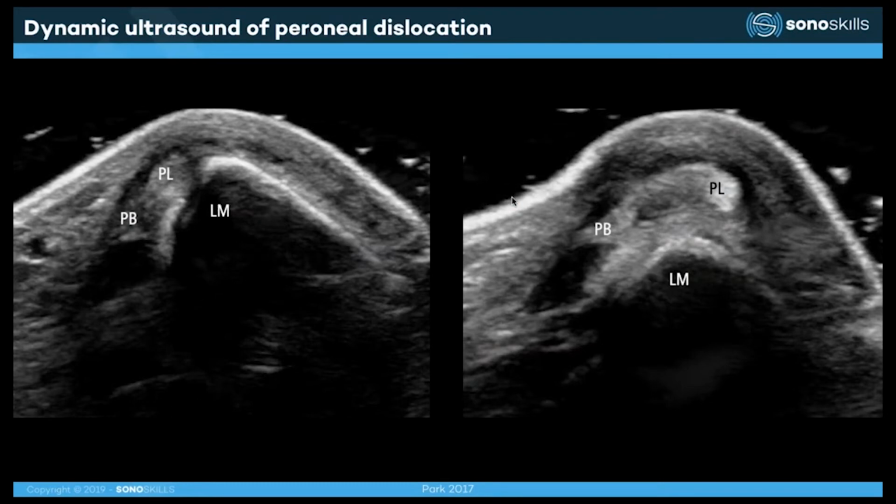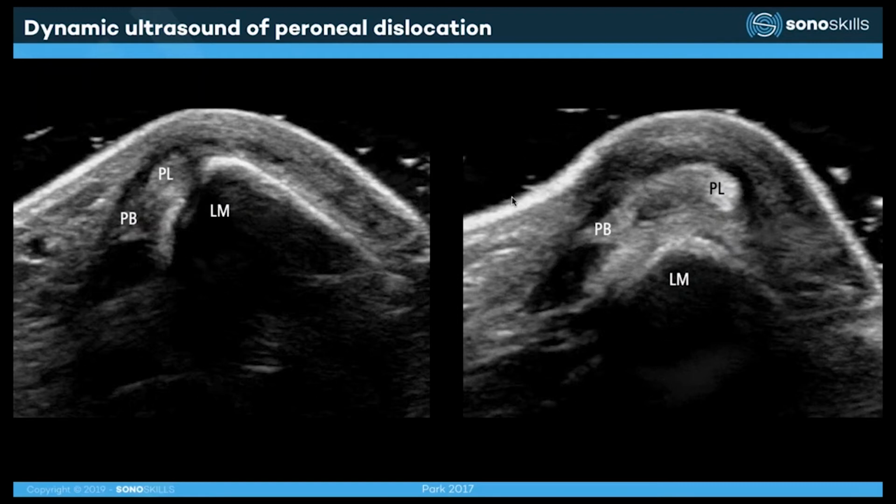So in this case, we can see both the tendons behind the lateral malleolus. And if we look at the right image, then we can see that the tendons are actually subluxated. In this case, that has been checked with a dynamic scan. By plantarflexing and dorsiflexing the foot with eversion and inversion, you can stress the tendons dynamically.